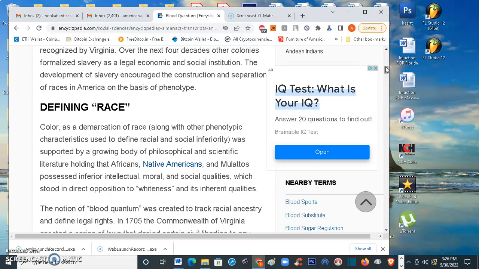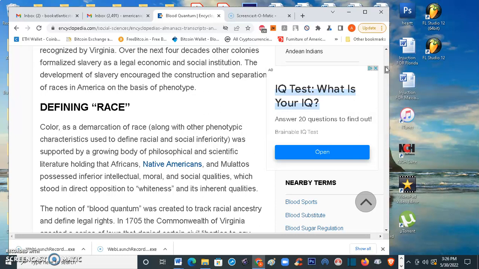Remember, this is what the BIA used as well. The Bureau of Indian Affairs is actually a subsidiary institution of these eugenicist ideologies.